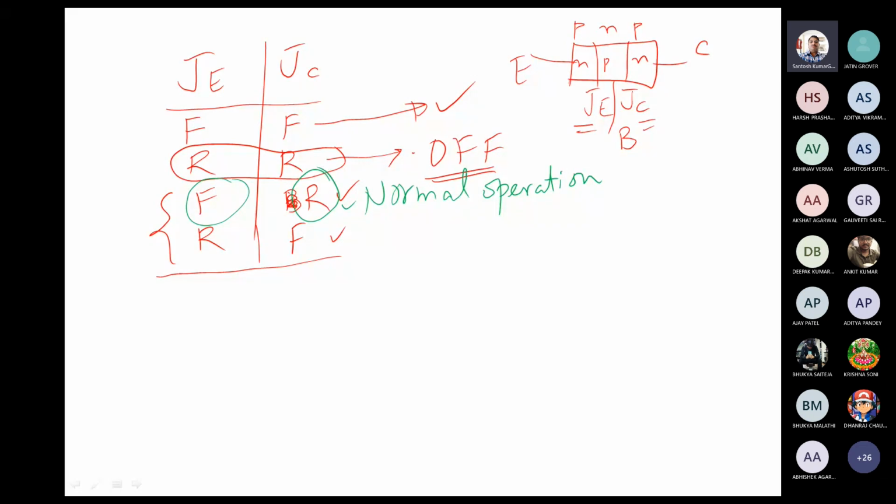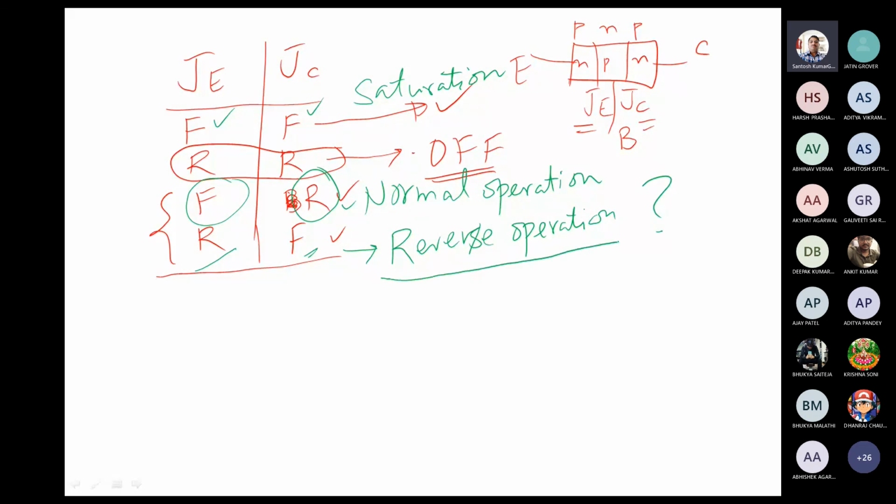Whereas when both junctions are forward biased, this goes into something called saturation. Whereas when we reverse bias the emitter junction and forward bias the collector junction, then this is called reverse operation. Okay, so this is not normal operation, but reverse operation.